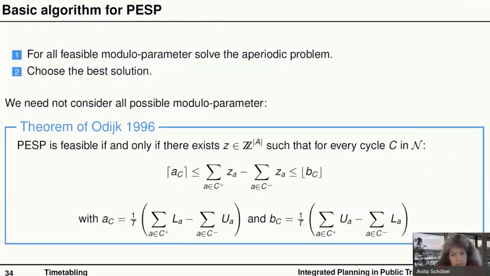And then there's a famous theorem of Odijk that tells us that we need not consider all possible values for this set of numbers, but the numbers have to respect some equation or some inequalities here that helps us to reduce the set of modulo parameters we have to check drastically.